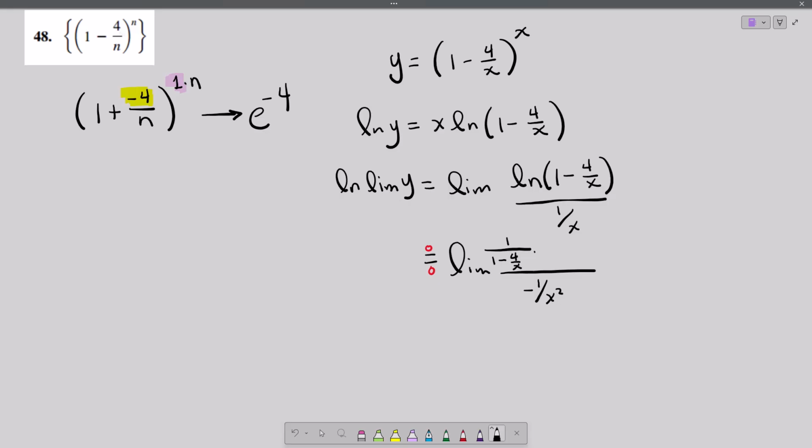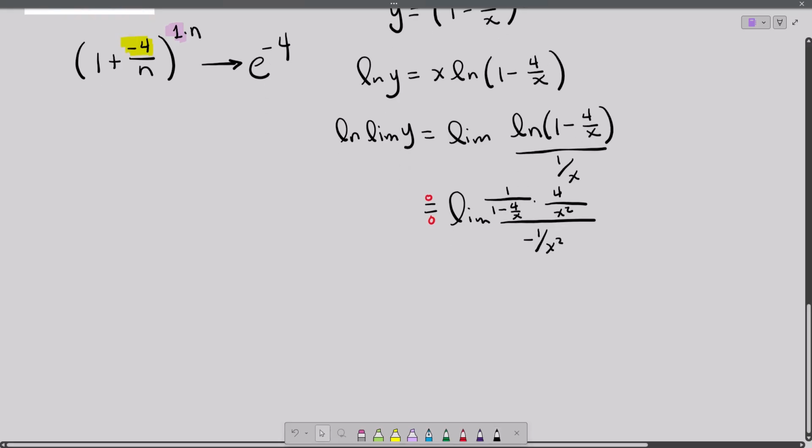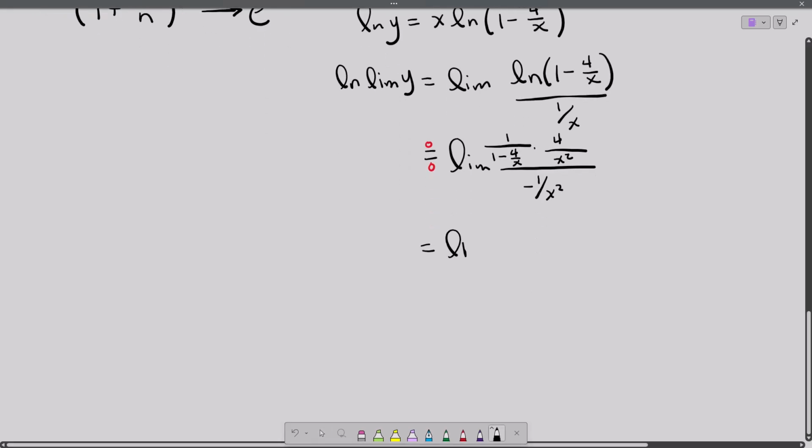The derivative over here, we have negative 4 divided by x. So that's really negative 4 times x to the negative 1. So we're going to end up with that same derivative. So we're going to have minus, and then there's going to be another minus, so it's going to turn into a positive, and it's going to be 4 divided by x squared. 4x to the negative 1, you bring the negative 1 down, subtract 1 from the exponent.